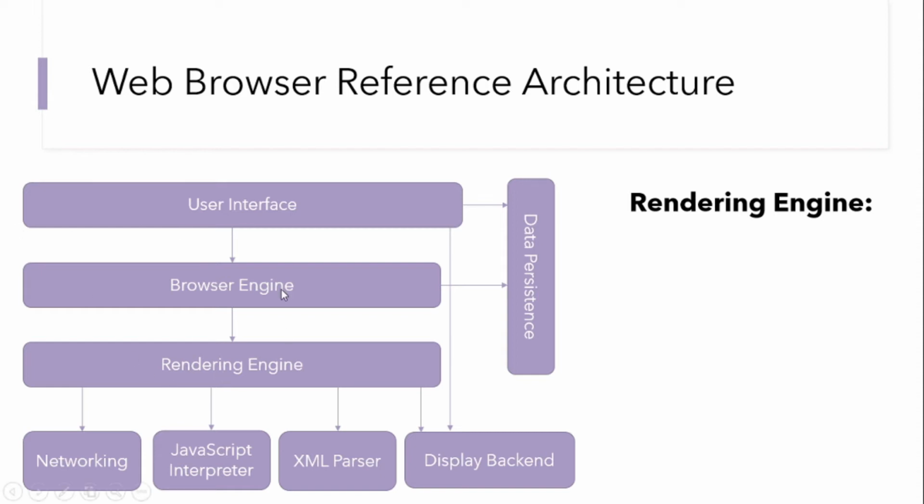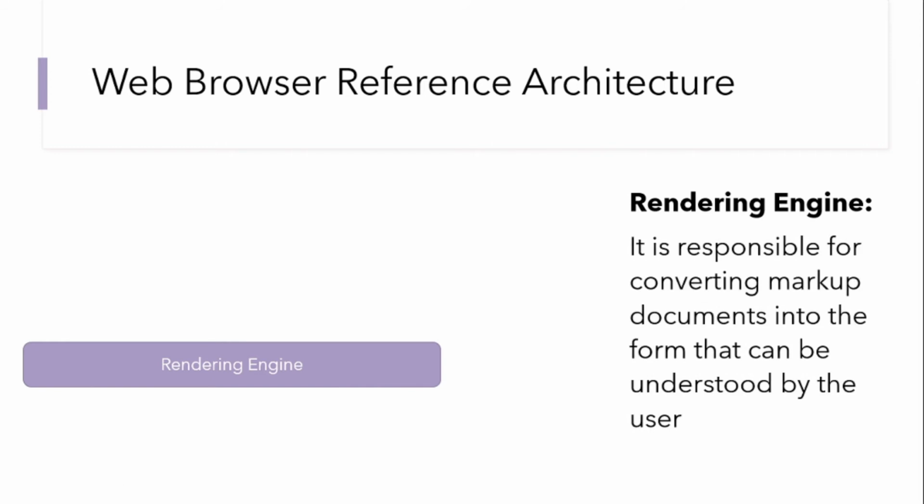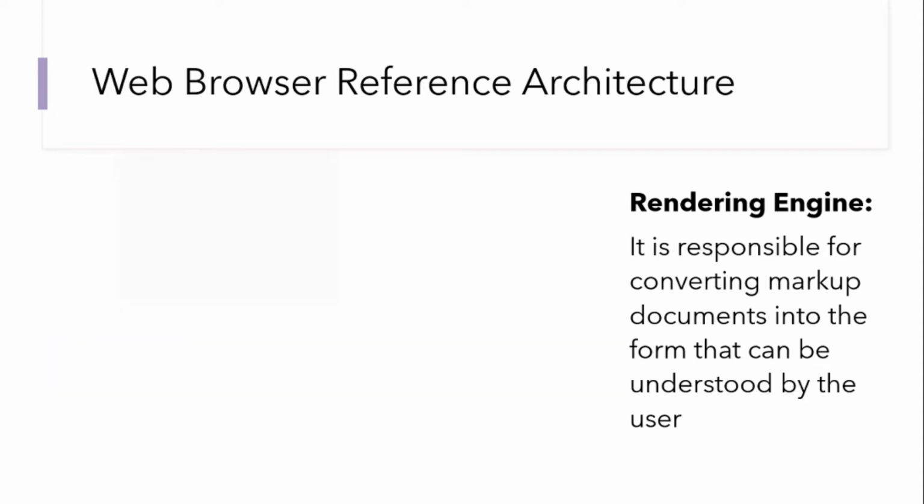Now let's move on to the rendering engine, and after we are done with it, we come back to look at the browser engine. The rendering engine is responsible for converting markup documents into a form that can be understood by the user. We all understand that websites are written using a standard language, that is HTML, and it is written in markup form.